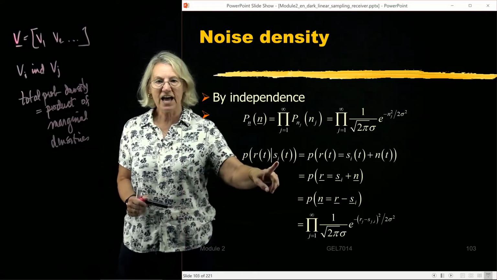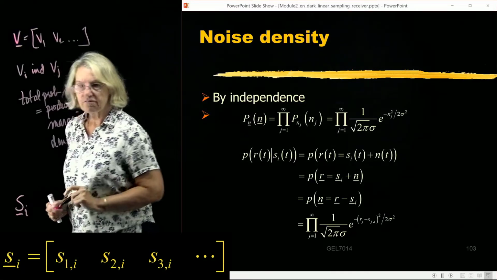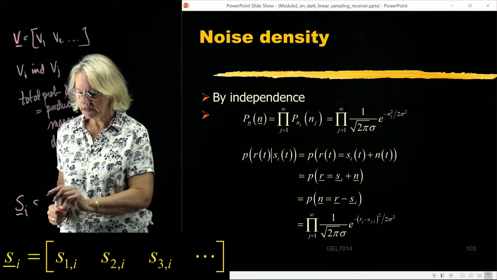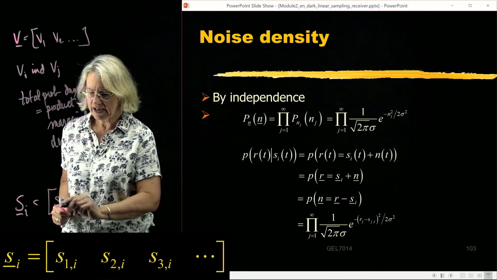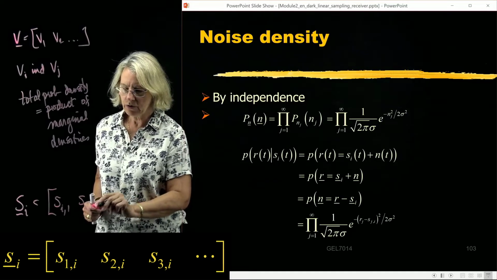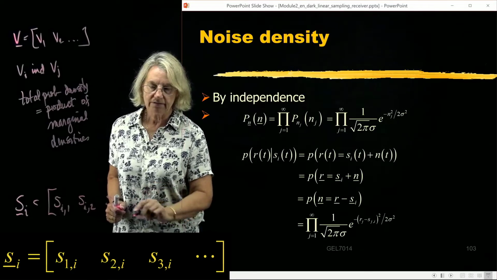So I've conditioned on S_i. I have the vector S_i, and this S_i is going to have elements S_i1, then S_i2, S_i3, and it keeps going, right?